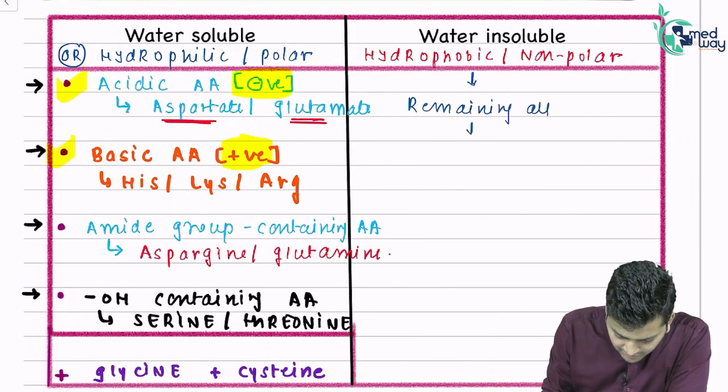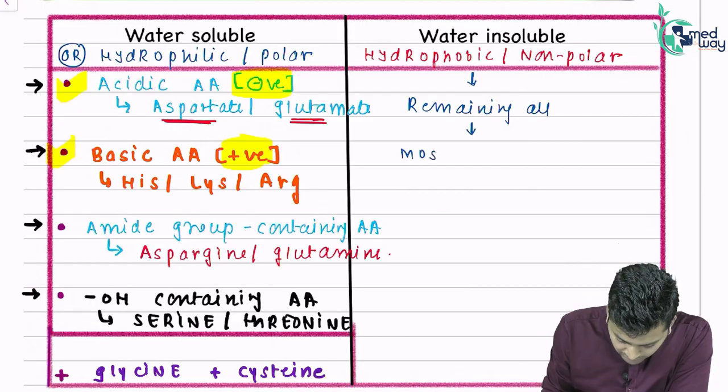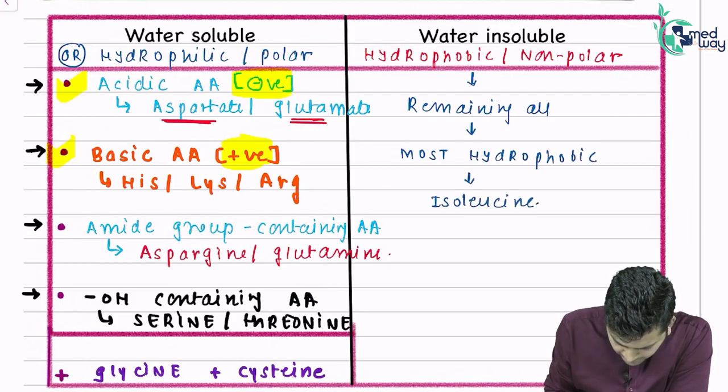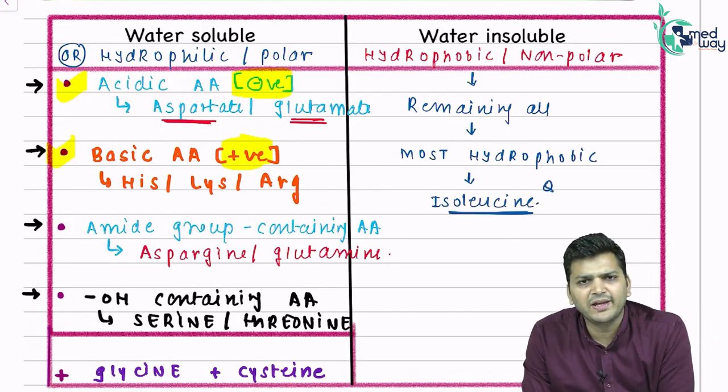Among the remaining ones, the most water insoluble, most hydrophobic, is isoleucine. Leucine and isoleucine are very hydrophobic. They are water insoluble.